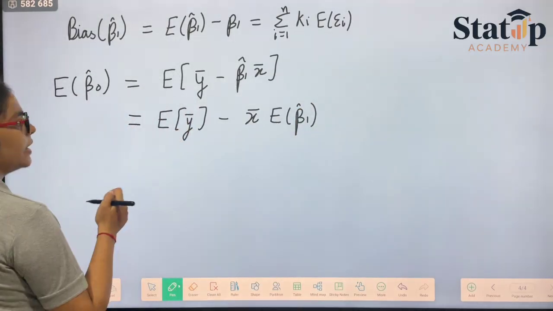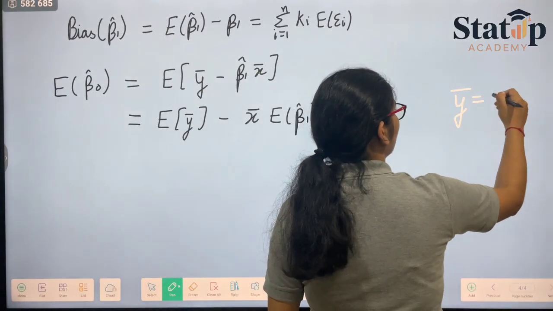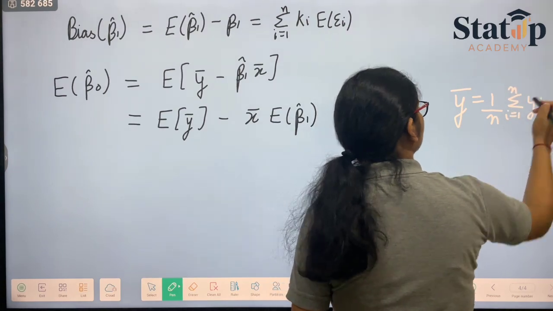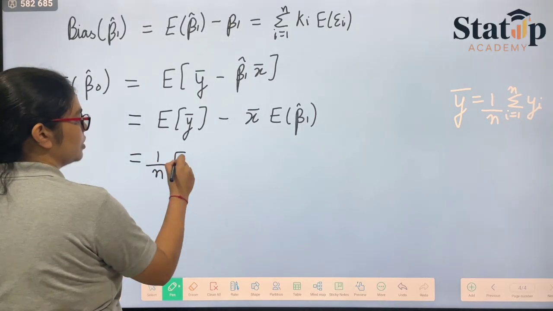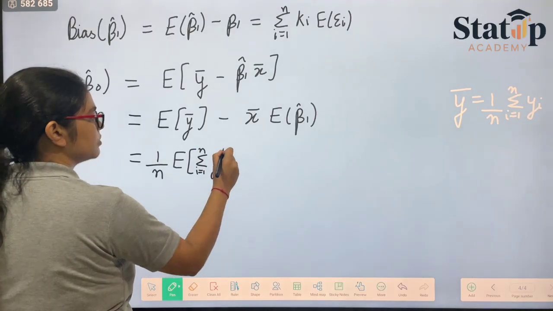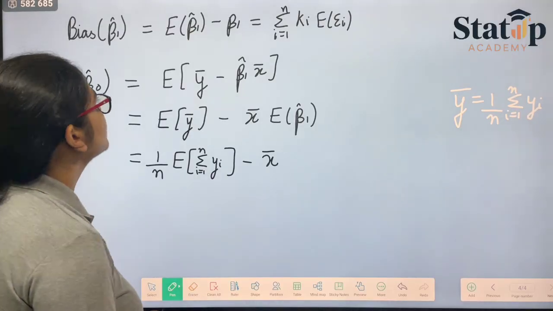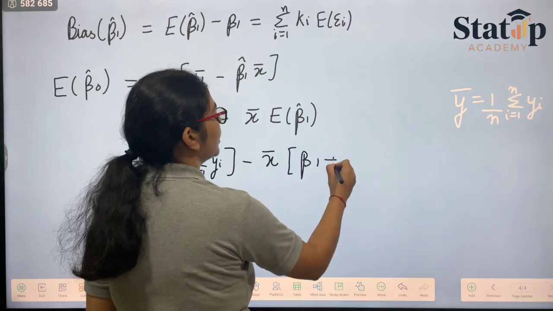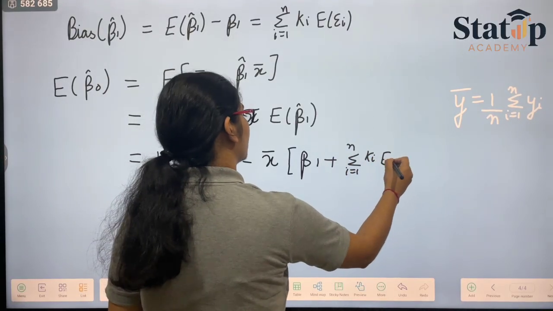Now y bar can be written as 1 by n summation i goes from 1 to n yi. So we are left with 1 upon n comes out of the expectation, and we are left with summation i goes from 1 to n yi minus x bar. Now expectation of beta 1 cap is nothing but beta 1 plus summation i goes from 1 to n ki expectation of epsilon i.